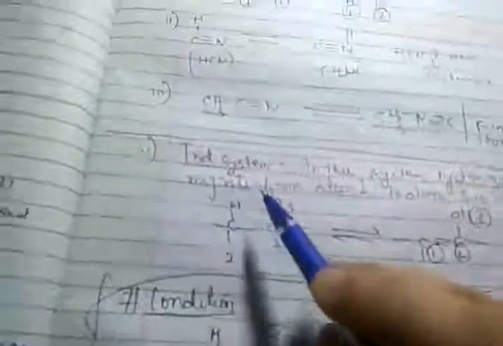Now comes the triad system. In this system, hydrogen migrates from atom 1 to atom 3. Suppose this is C, C, O, and this is H, like this. So we have 1, 2, 3 over here.